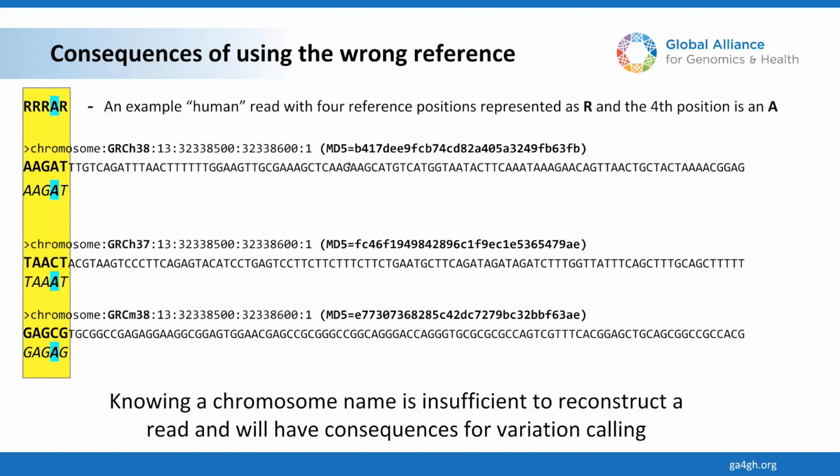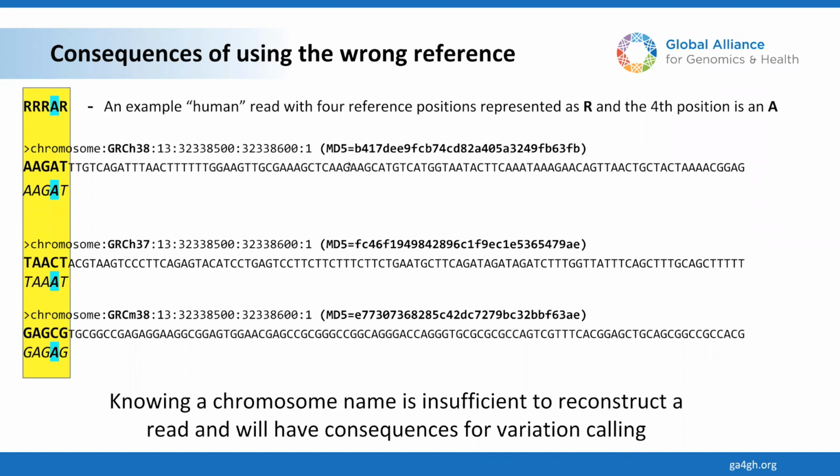Now, if you're going to do that, there are some major consequences of using the wrong reference. Here's a brief toy example. All these three sequences are chromosomes. They are from GRCh38 or hg38, GRCh37 or hg19, and GRCm38, and I think that's mm10 in UCSC.